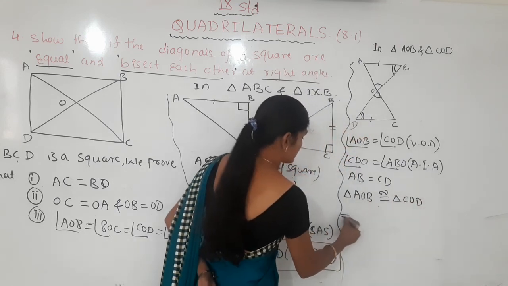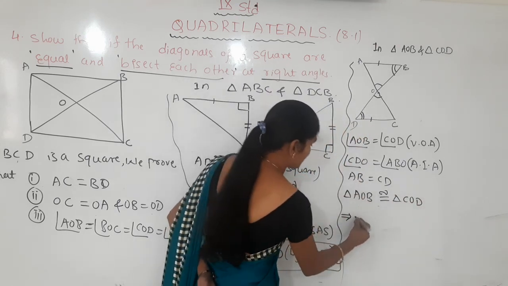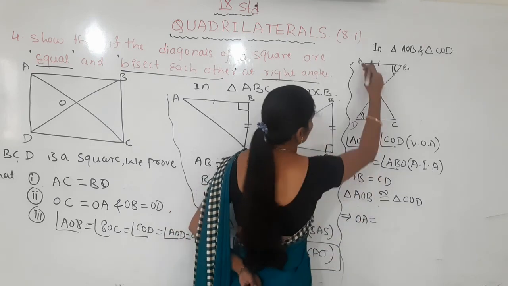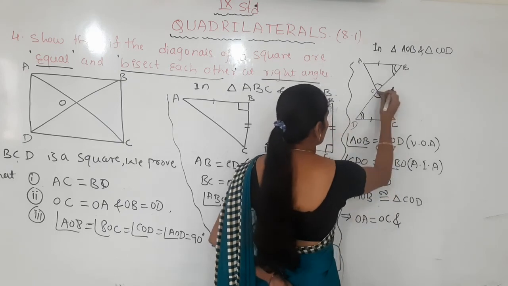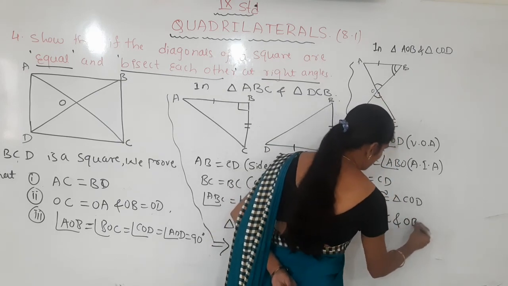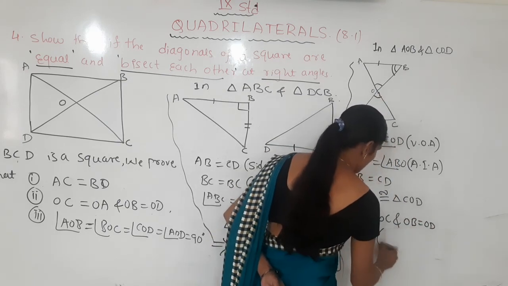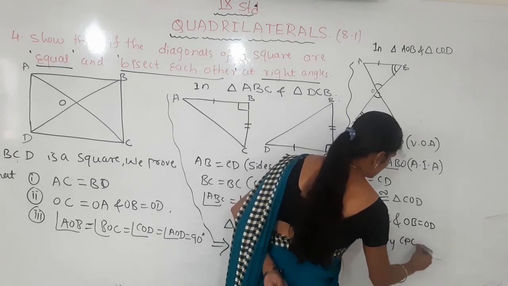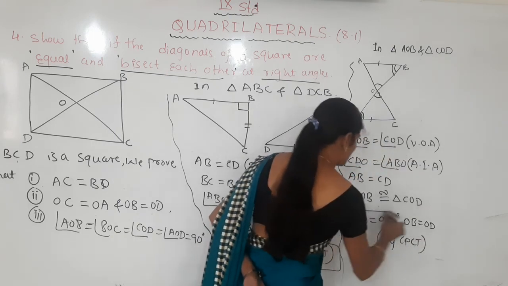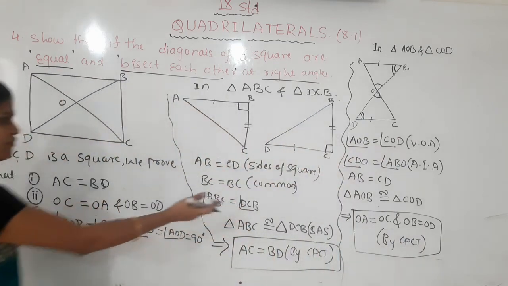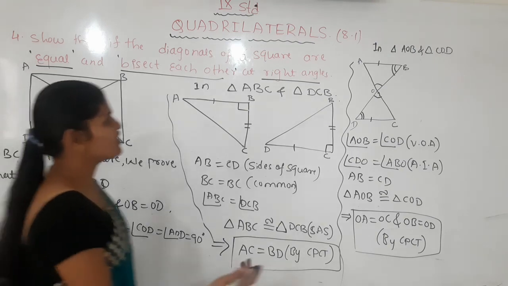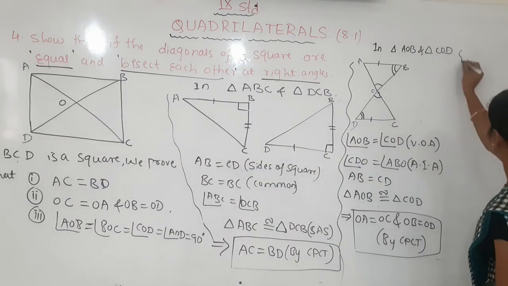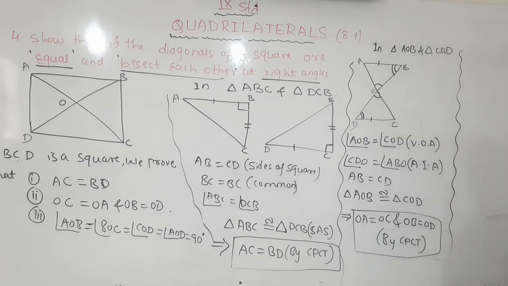If these two triangles are congruent, the corresponding parts are equal. OA is the same as OC and OB is the same as OD. Why? By CPCT, corresponding parts of congruent triangles are equal. We got the next thing: the diagonals bisect each other. Then we will go to our third thing. Third proof. What is that?